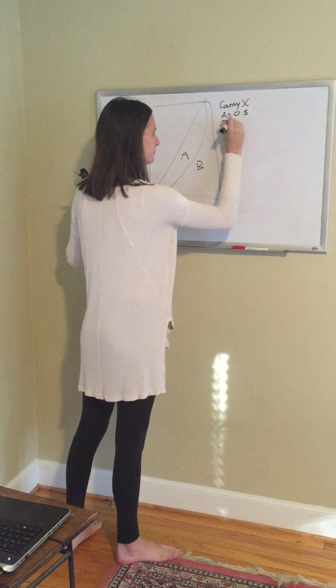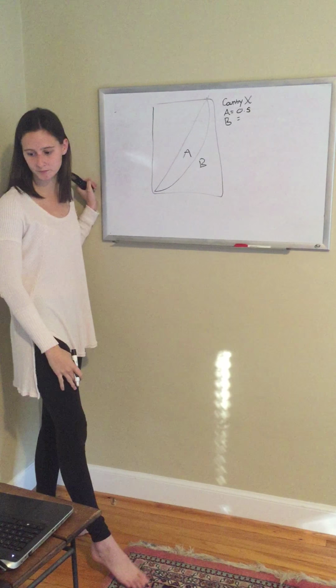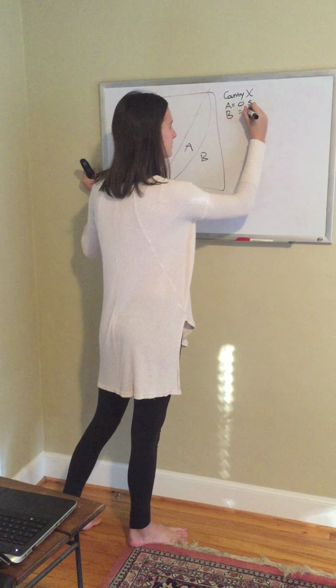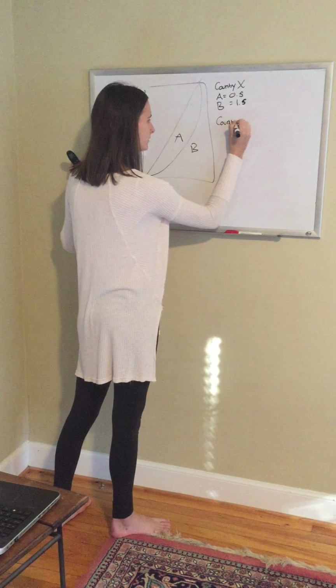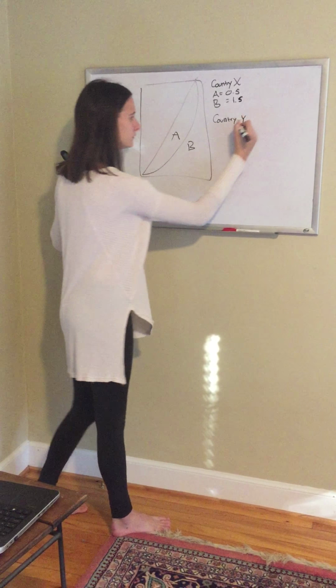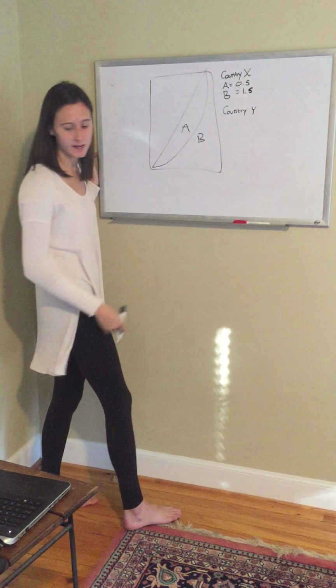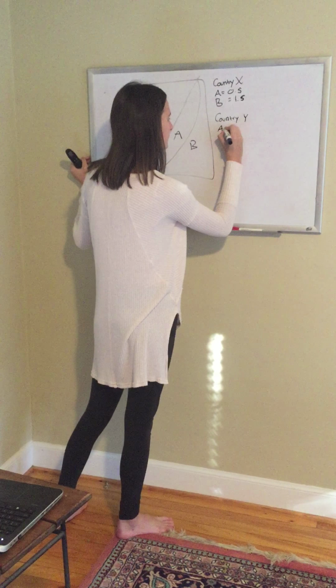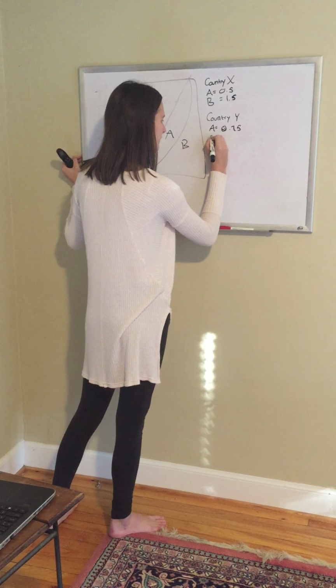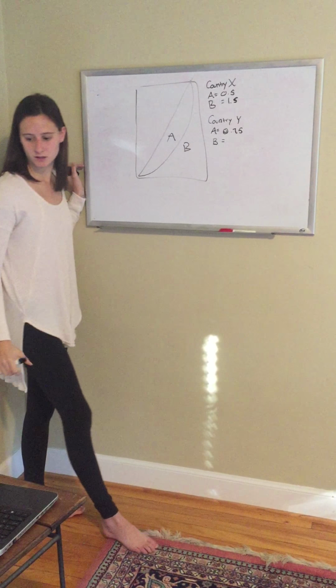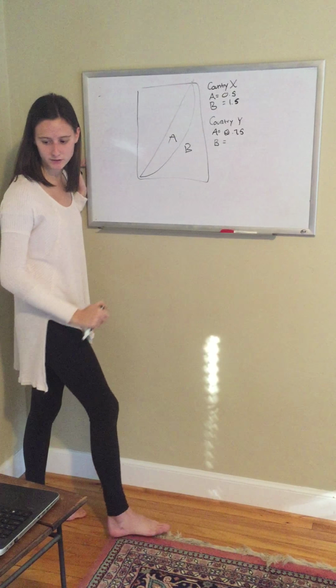And the area of B is equal to 1.5. And then let's say for country Y, the area of A is 0.75 and the area of B equals 1.75.